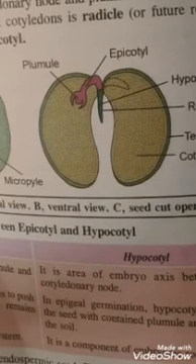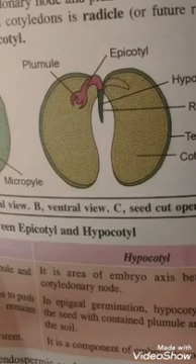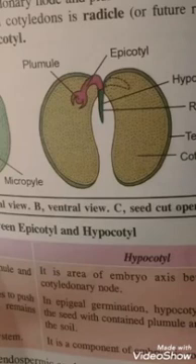Now we take the structure of a seed. A seed consists of seed coat and one or two cotyledons and an embryonal axis.